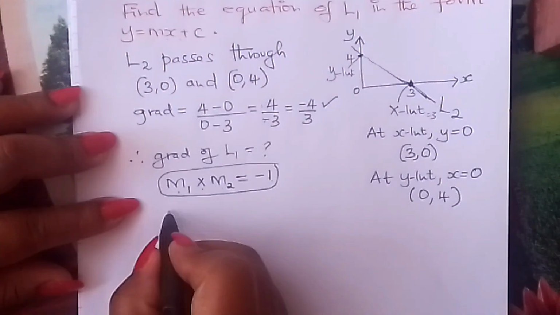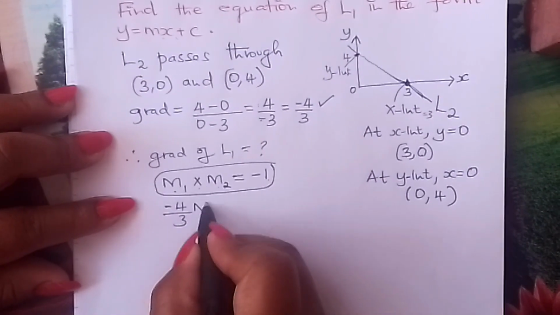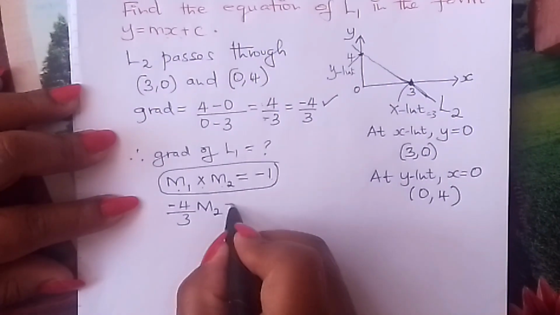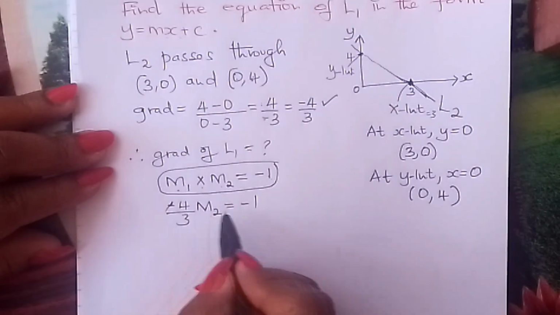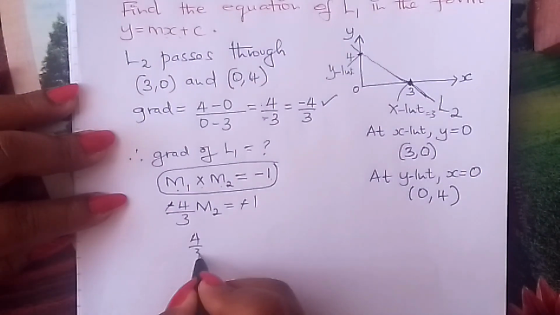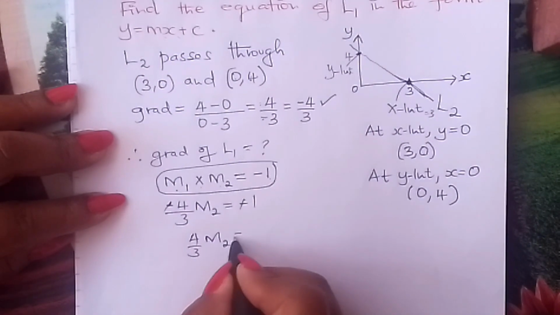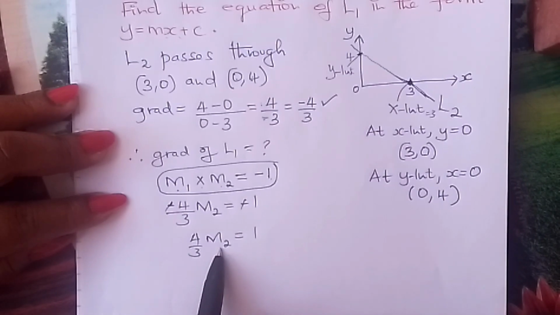So take your first gradient, -4/3, times m2, gives us -1. You can drop the negative, and so you talk of 4/3 times m2 is equal to 1. What is your m2? The gradient of the second line.